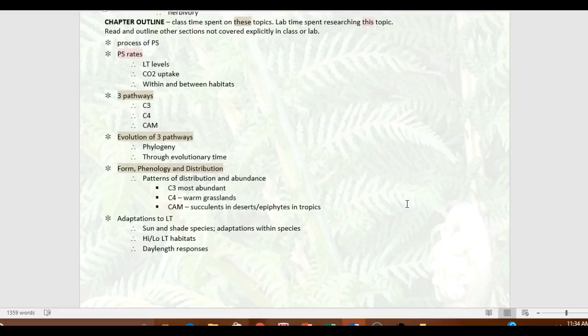Another way to think about light is its intensity as measured by photons, which is a physical component. A photon is a discrete unit of energy that we measure light by, the intensity of light, photons.